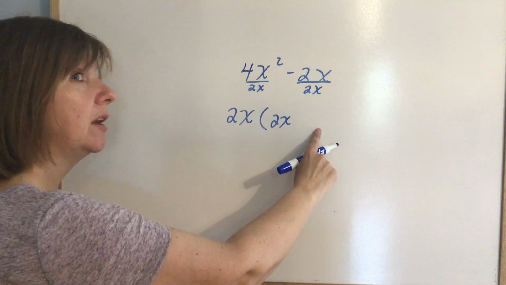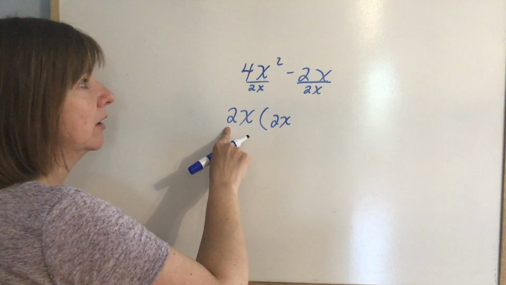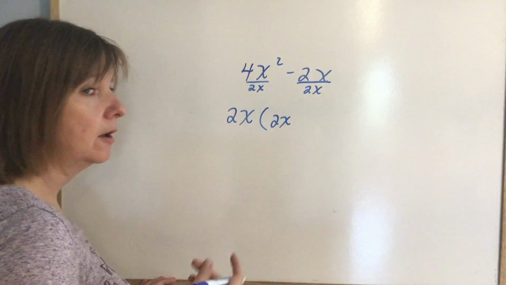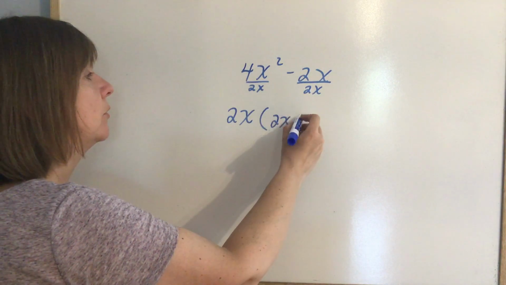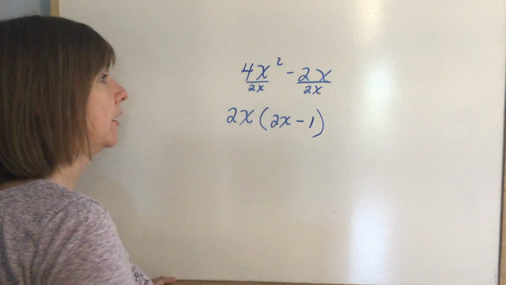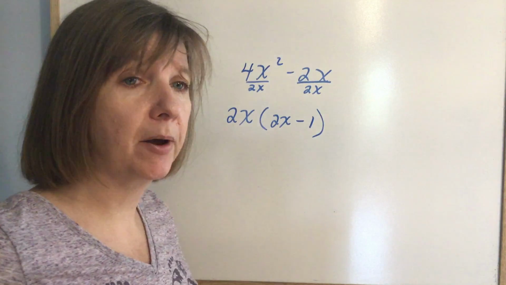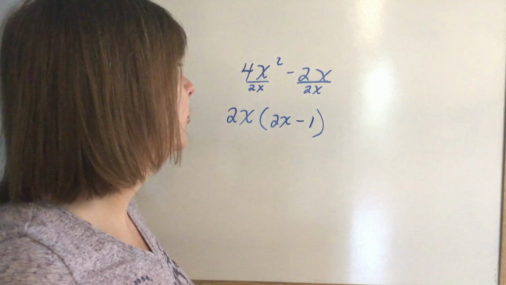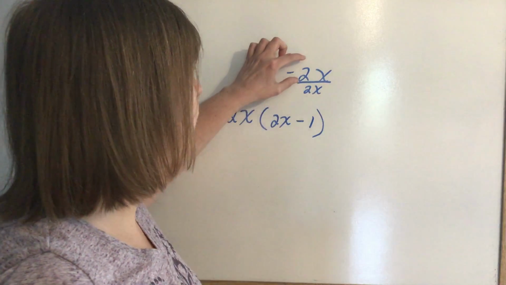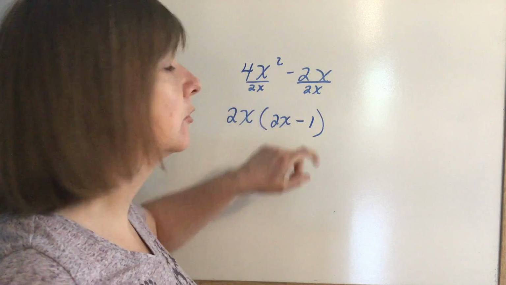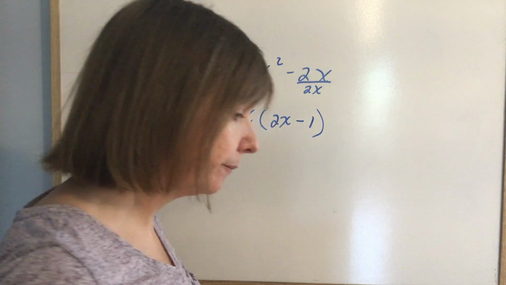A lot of people put nothing here because they're like, I put the 2x out here, so there's nothing left. But that's not true. If you have 2x over 2x, that's actually 1. 2x anything divided by itself is 1. So 2x over 2x is actually 1. So if you're taking out that whole piece, there should be a 1 there.